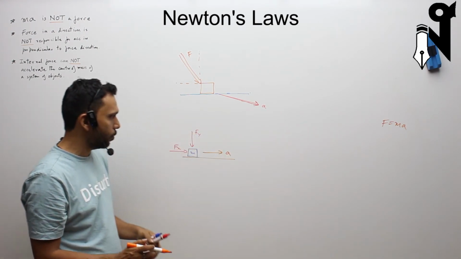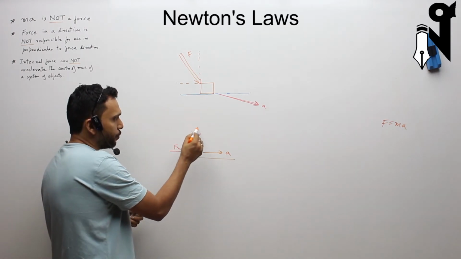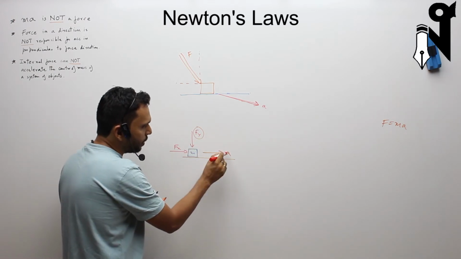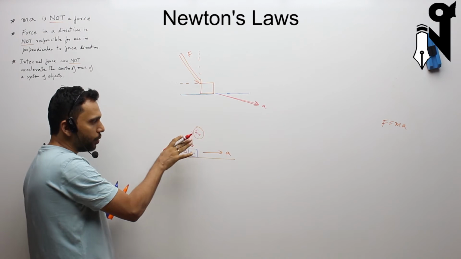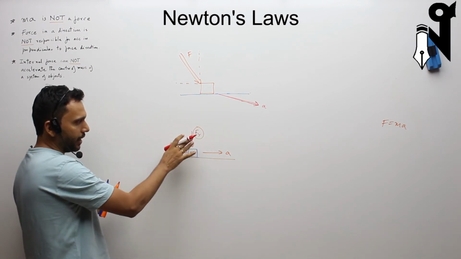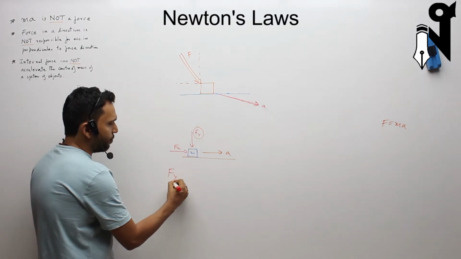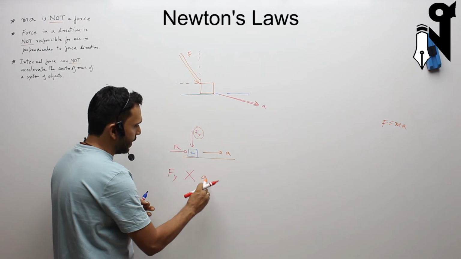Who is responsible for this acceleration? This vertical force has zero responsibility for the acceleration A. It has no tendency to move the mass forward or backwards. So the vertical force Fy was not responsible for the acceleration A at all.